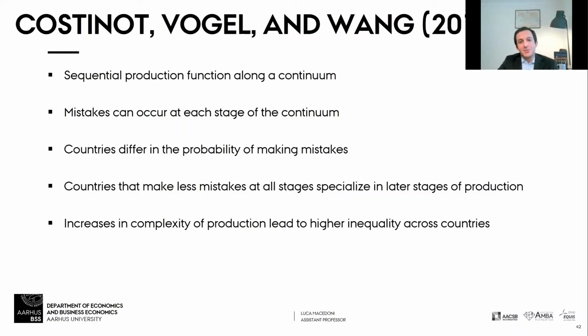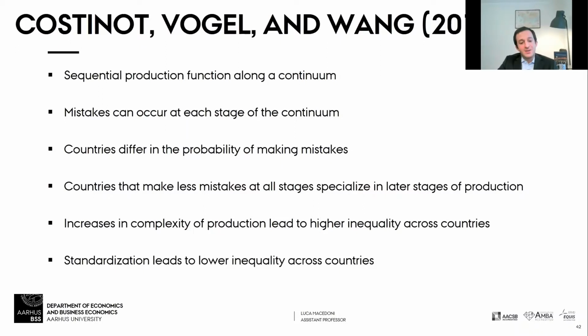You can imagine if you make a mistake on the production of a Boeing at the later stage, that is a complex production function, the costs are much larger than if you make a mistake in the production of the tuna, which we saw was like 4 stages. So if production becomes more similar to the Boeing, not making mistakes becomes much more valued, and therefore there is a higher inequality across countries.